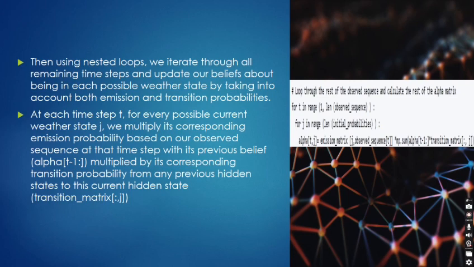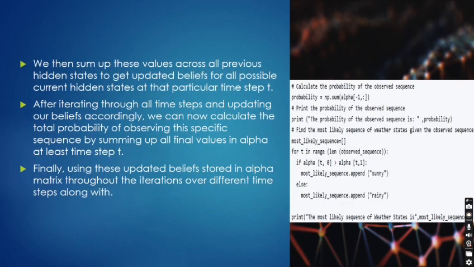At each time step t, for every possible current weather state j, we multiply its corresponding emission probability based on our observed sequence at the time step with its previous beliefs, multiplied by its corresponding transition probability from any previous hidden states to this current hidden state. We then sum up these values across all previous hidden states to get updated beliefs for all possible current hidden states at that particular time step t.